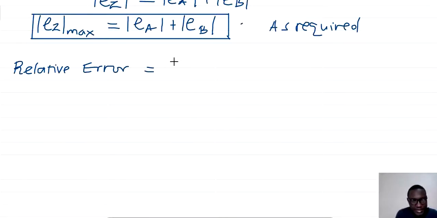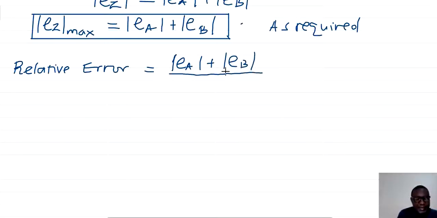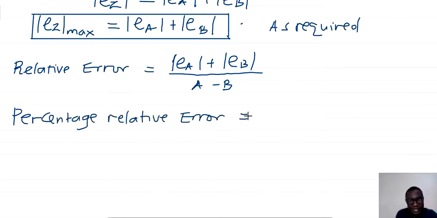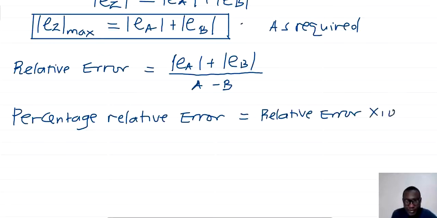It is right here, error in A plus the error in B divided by the exact value, which is A minus B. This here is the relative error. We can go ahead and get the percentage relative error. Percentage relative error is equal to relative error expressed as a percentage. So we're going to have relative error times 100.